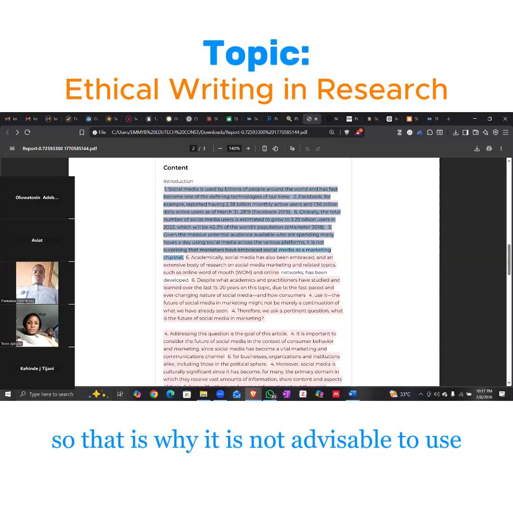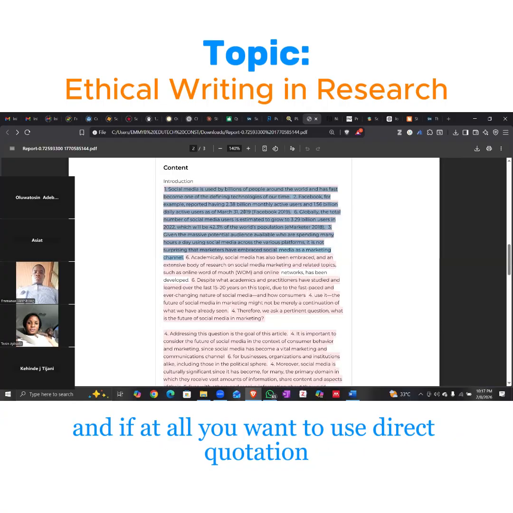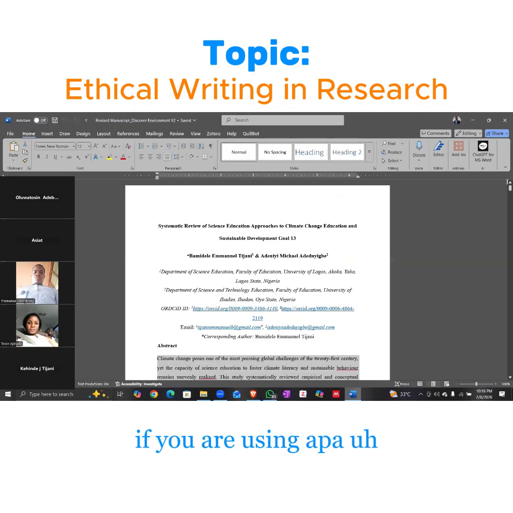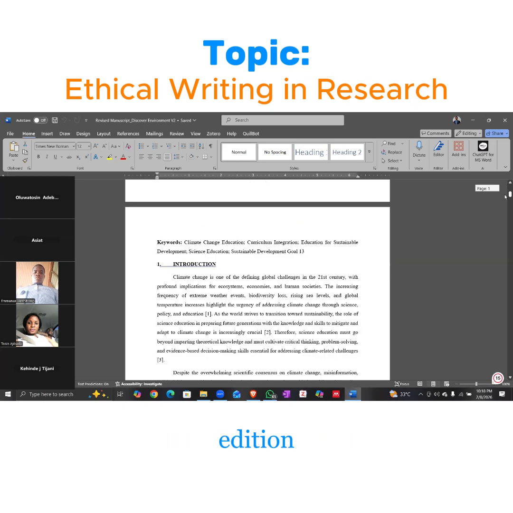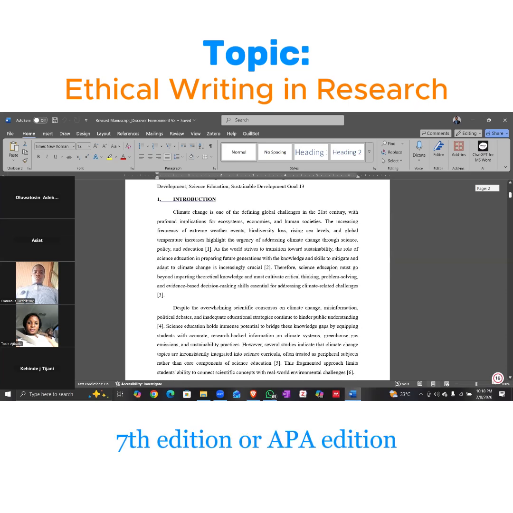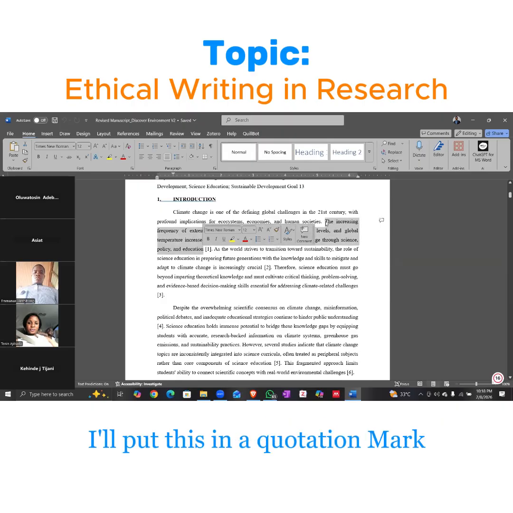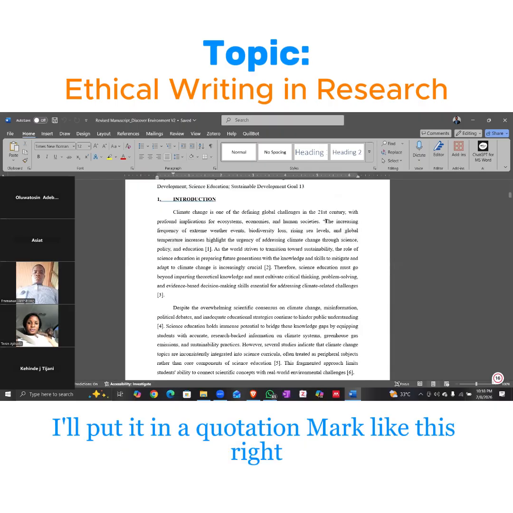So that is why it is not advisable to use direct quotation. And if at all you want to use direct quotation, that is, you want to copy the words the same way, for instance, if you are using APA 7th edition, what I need to do is put this in quotation marks.